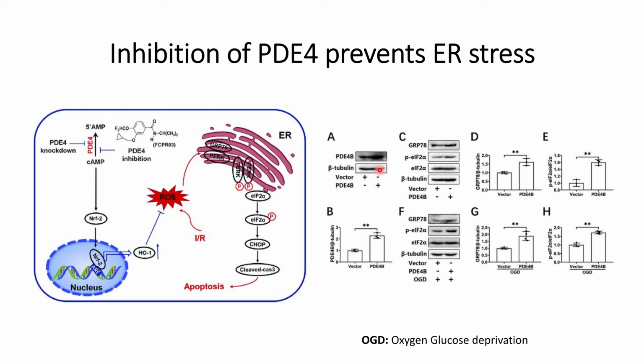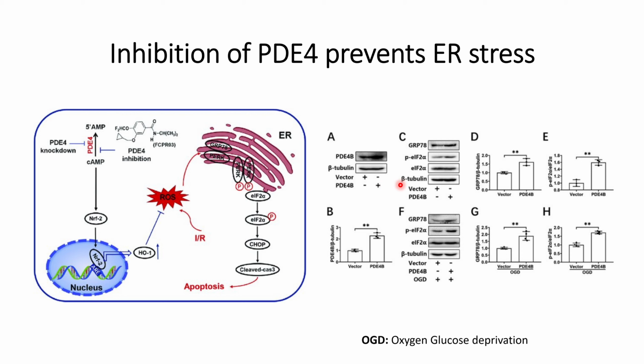In the western blot, PDE4B production is higher in the cells transfected with PDE4B compared to the empty vector. When they quantified this using a semi-quantitative method, it is clear that PDE4B is higher in the cells transfected with the PDE4B vector.